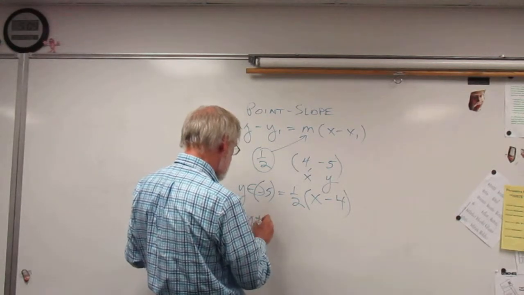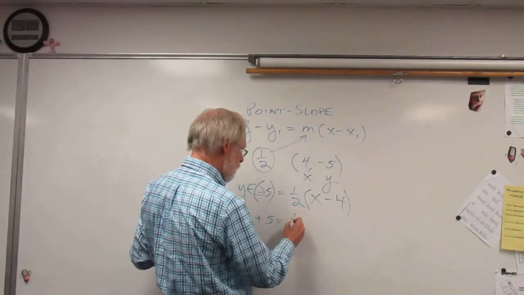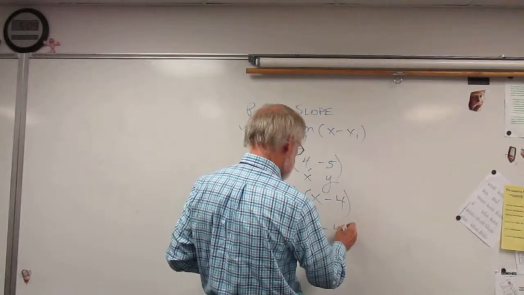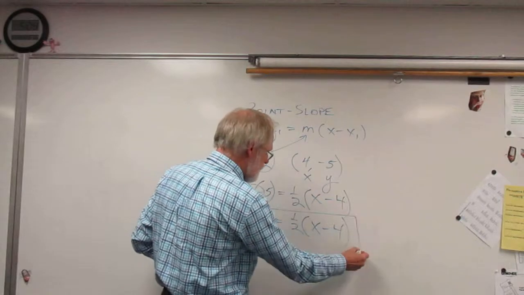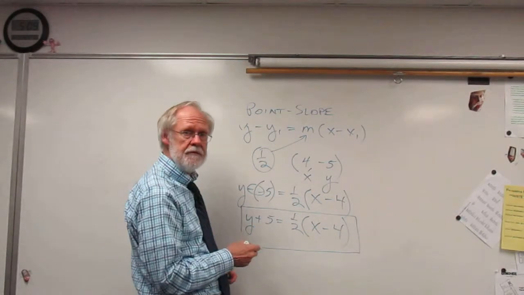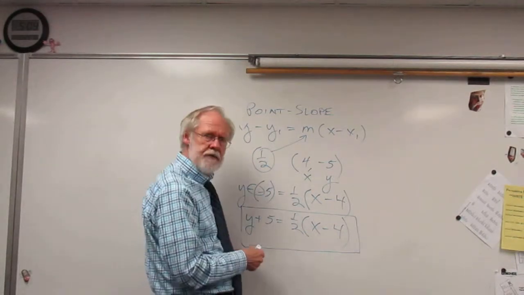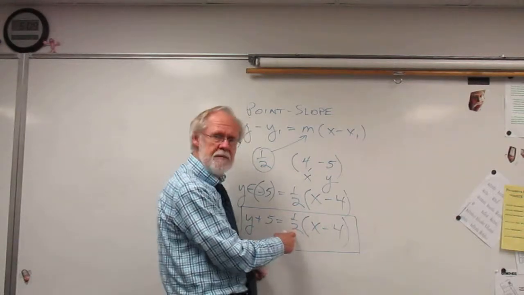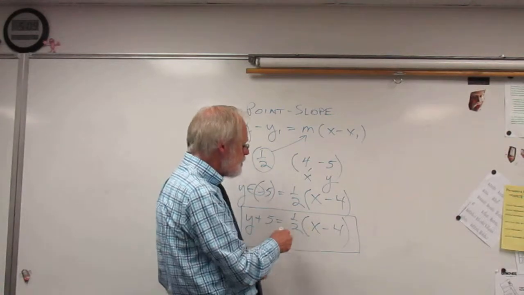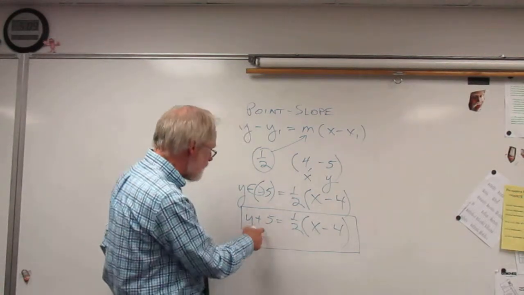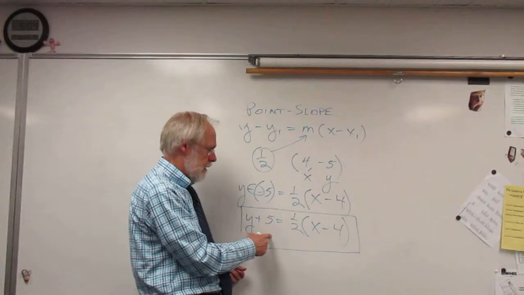So this becomes y plus 5 equals 1/2 times x minus 4. This is point-slope form. Students are often tempted to use the distributive property and multiply the 1/2 times these two values. Don't do that at this point, because that's the form you want it in, right there.